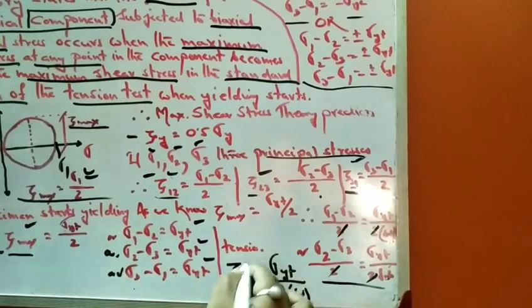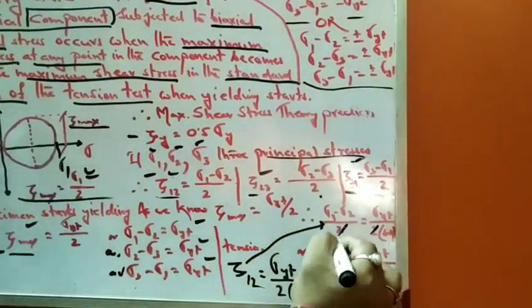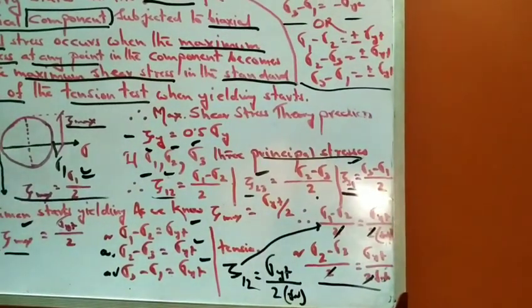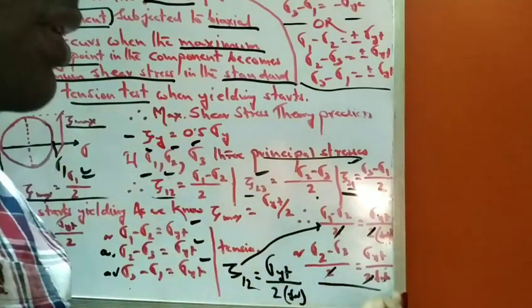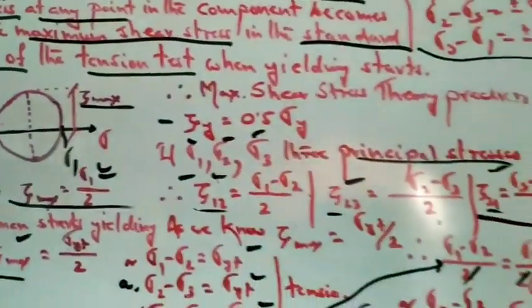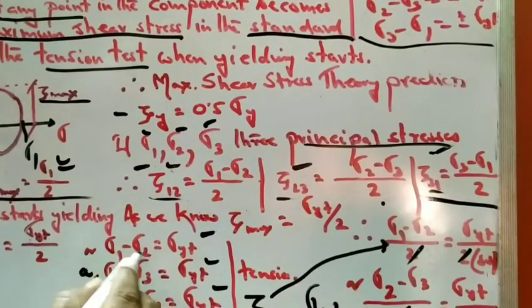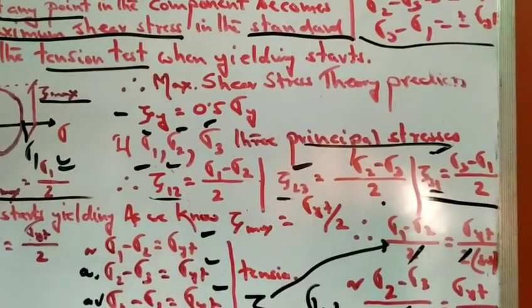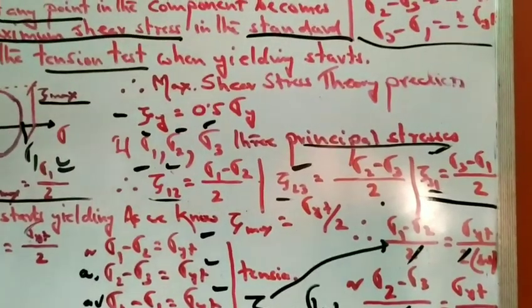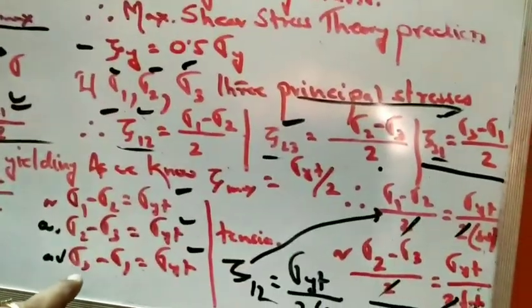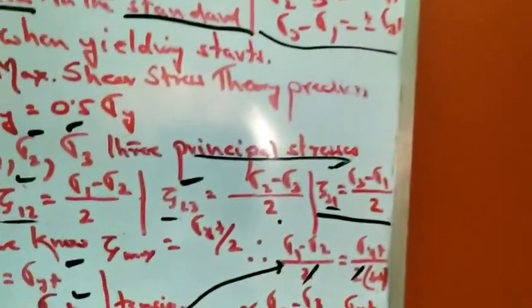If we write the value of tau 12 over here, the 2 and 2 cancel out, and we get sigma 1 minus sigma 2 equal to sigma yt by factor of safety. Similarly, for sigma 2 and sigma 3 we get sigma yt by factor of safety. So sigma 1 minus sigma 2 is equal to sigma yt if tau 12 is maximum. If tau 23 is maximum, we could write this. If tau 31 is maximum, we could write sigma 3 minus sigma 1 equal to sigma yt. So these are the considerations. Now all this we have considered for tension.